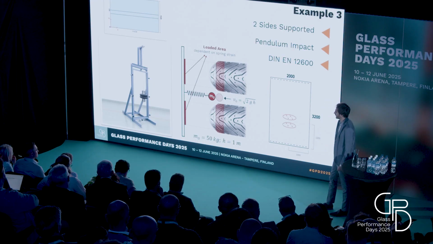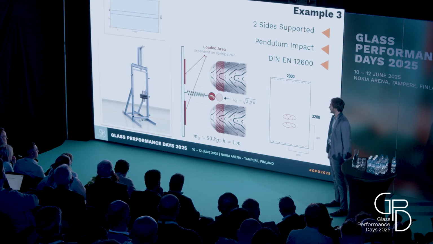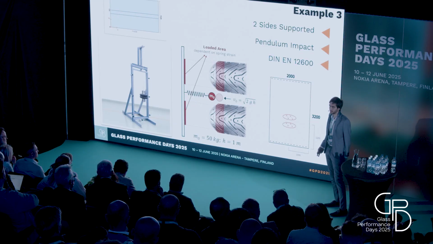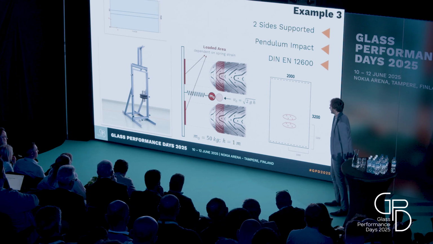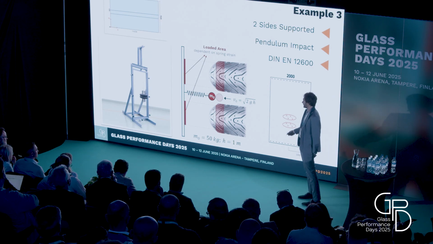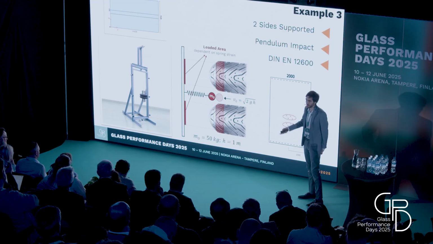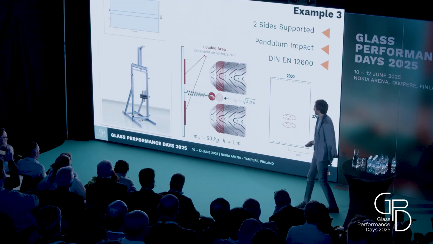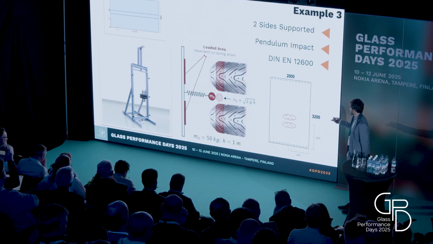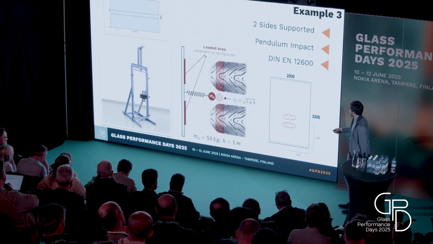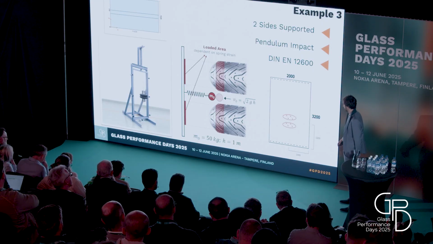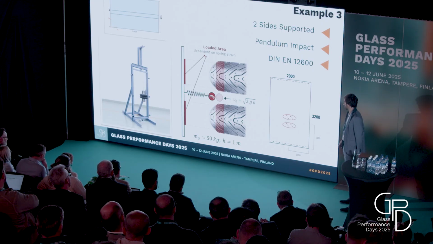This is done by an equivalent spring mass system. Depending on the strain of the spring, you calculate the loaded area and apply it on the glass surface as an external load, on each of these two ellipses.